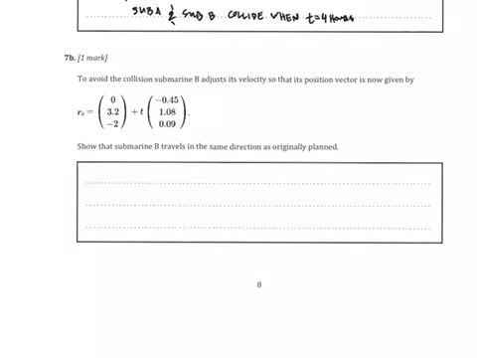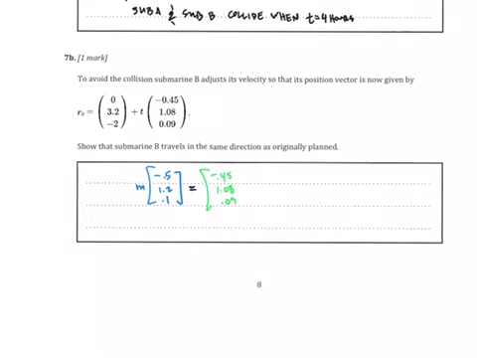Okay, so in this one, all we want to show is that the original direction vector, which was this, negative 0.5, 1.2, and 0.1, is a scalar multiple of this new direction vector. All right, this new direction vector is negative 0.45, 1.08, and 0.09.